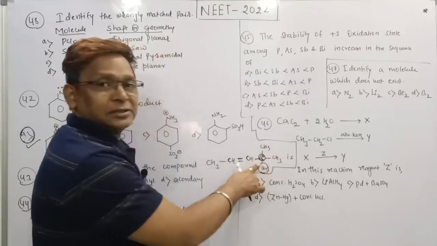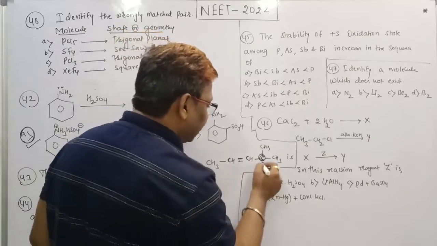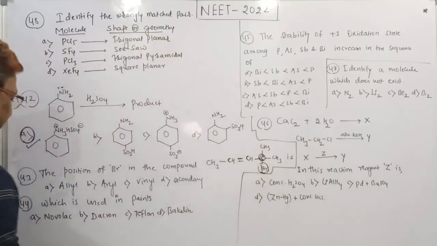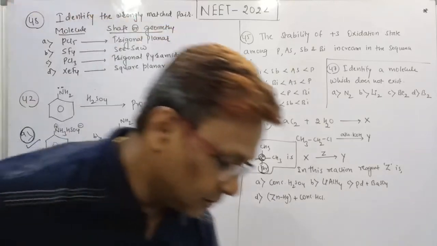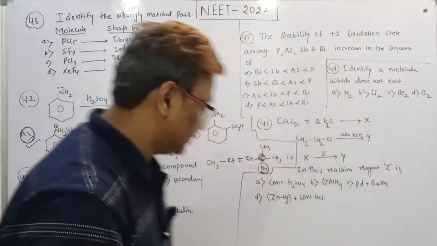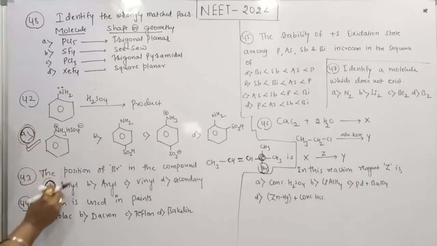This carbon will be called an allylic carbon, and this allylic carbon is having a bromine. So the position of bromine is at the allyl carbon. Answer is the first option. See beta, the answer for this one is A, and the answer for this one also is A.